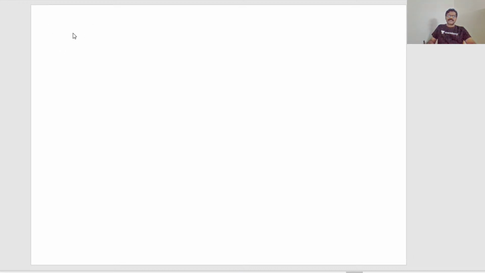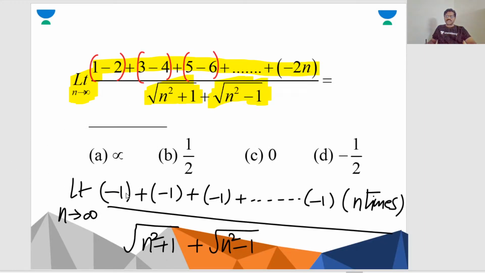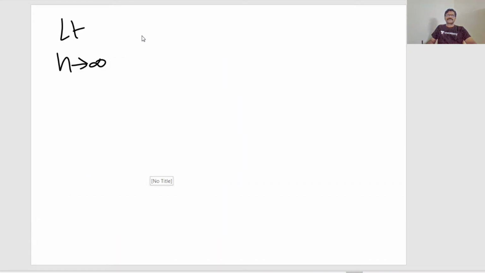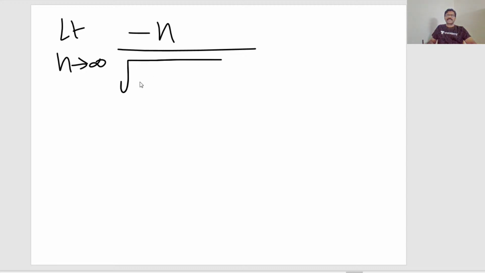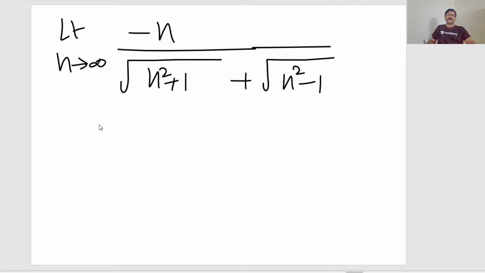Limit n tends to infinite, minus 1 minus 1 minus 1, n times is nothing but minus n, by square root of n square plus 1 plus square root of n square minus 1. Here n is tending to infinite.